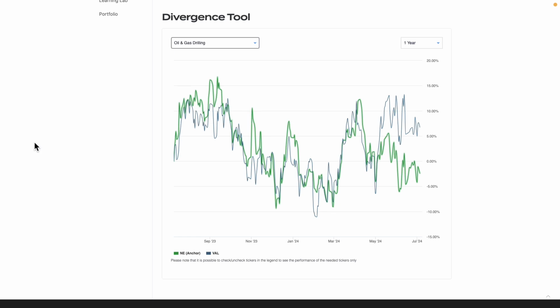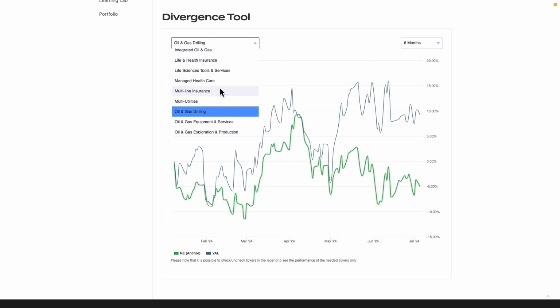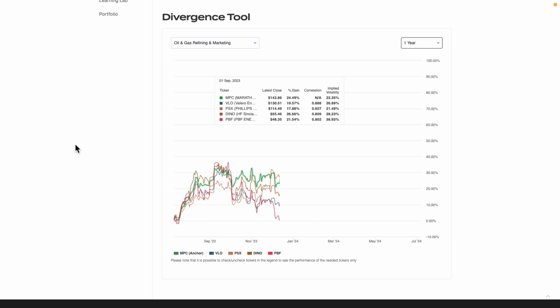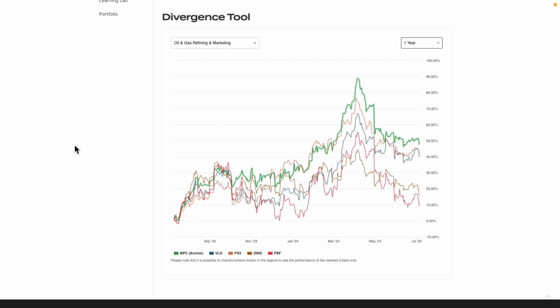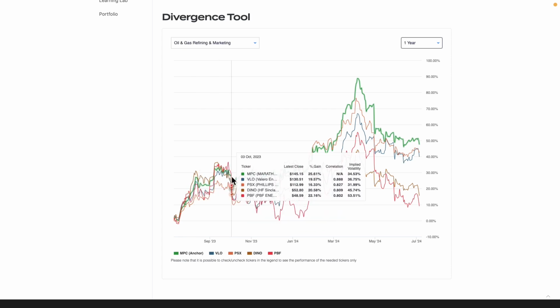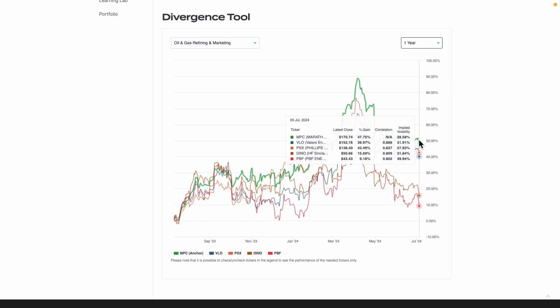This is pretty cool. Oil and gas, NE against VAL. Look at it on different time frames. If we go to the refiners, let's look at it over a year period. And we're looking at Marathon, MPC, and we're looking at the relative value of each one of these to the green.